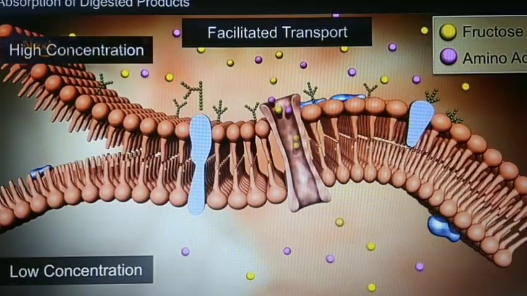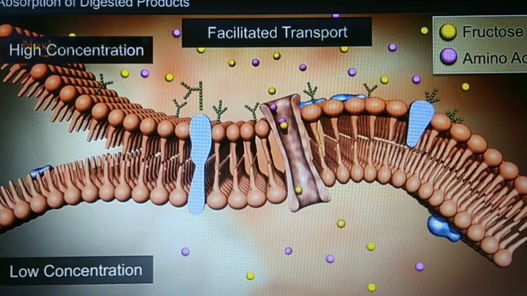Then we come to facilitated diffusion, where in the same way molecules like fructose and amino acids are transported from the intestinal lumen into the intestine by facilitated transport. That is, it happens with the help of a carrier protein.